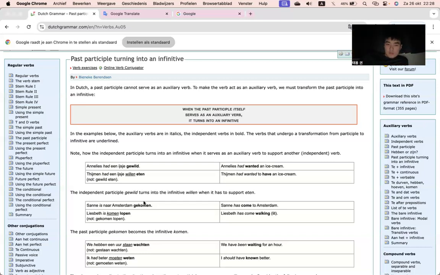The independent participle wilt turns into the infinitive willen.